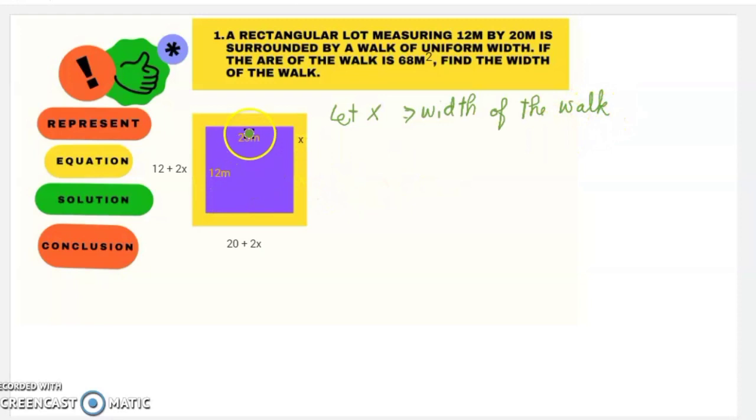So, from the figure, the length of the outside, itong buong yellow na to, is 20 plus 2x. Tama? And the width nung outside, or yung yellow, is 12 plus 2x.